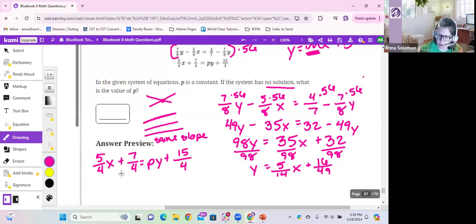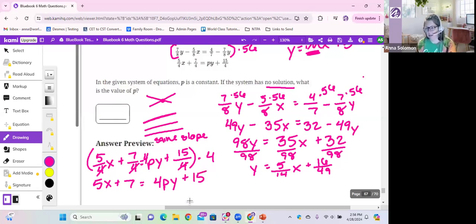We've got 4s everywhere, so I'm just going to multiply everybody by 4. That'll cancel out that, and that, and that, and it'll just add a 4 right here. So I have 5x plus 7 equals 4py plus 15.